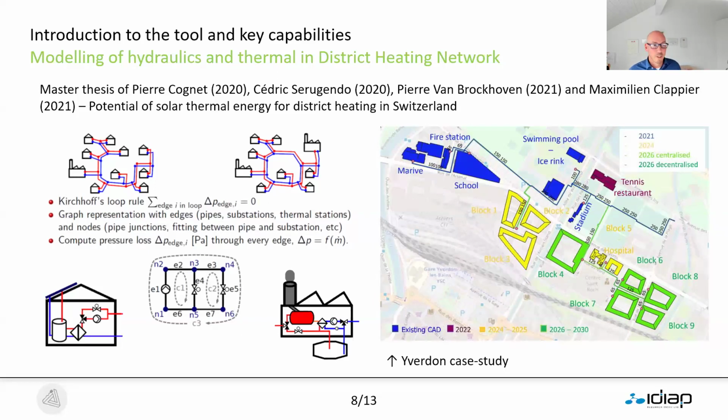Running the simulation, you can get in the different pipes the pressure, the temperature, the mass flow, and it's really interesting because you have the losses in the grounds, both the thermal losses, but also for the pumps that can be computed. So you know how much electricity you lose to be able to push the water in all the pipes.